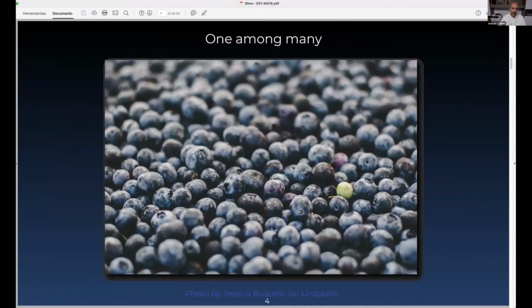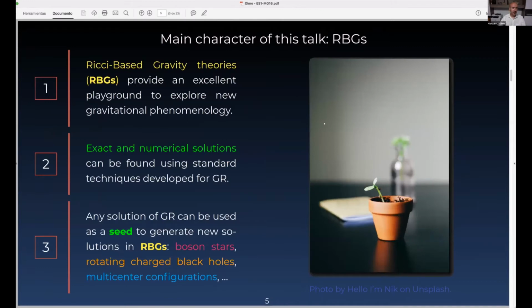Among the many different gravity theories that are in the market nowadays, I'm going to focus on a particular model in a particular family of gravity theories. This family is what we call Ricci-based gravity theories, and I will give technical details of them later. Now let me advance some aspects.